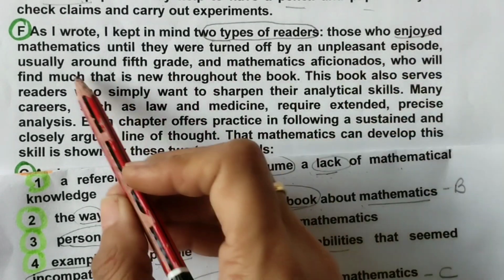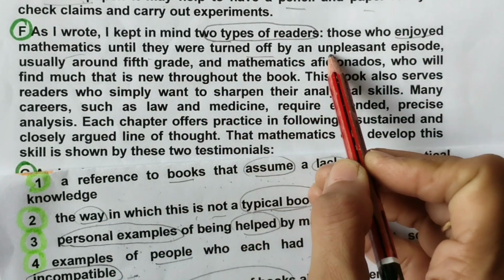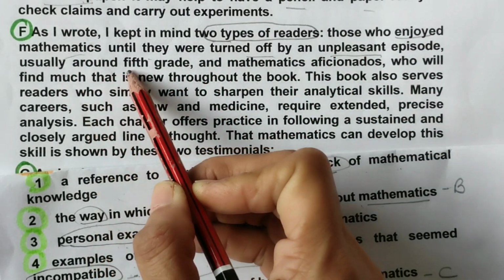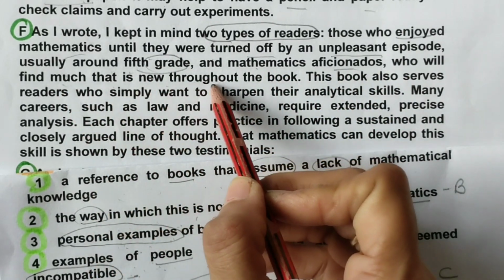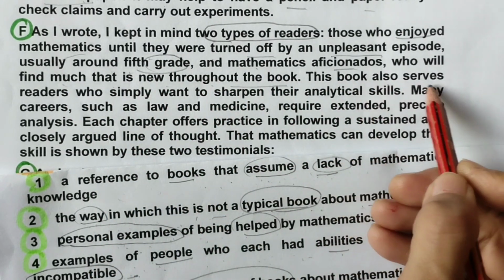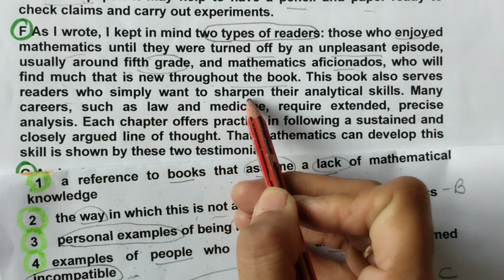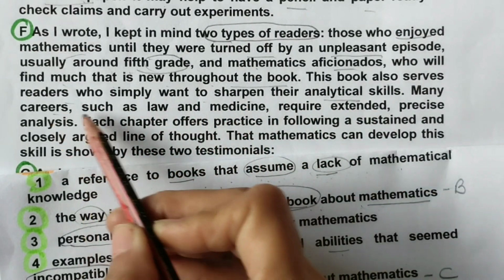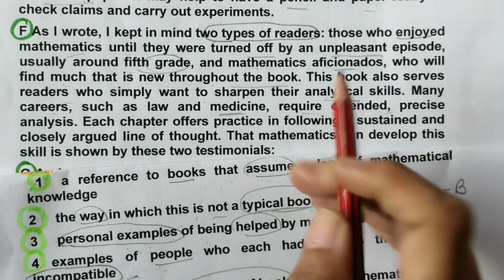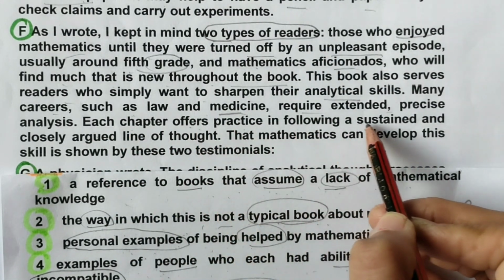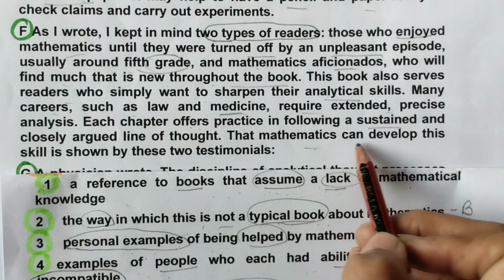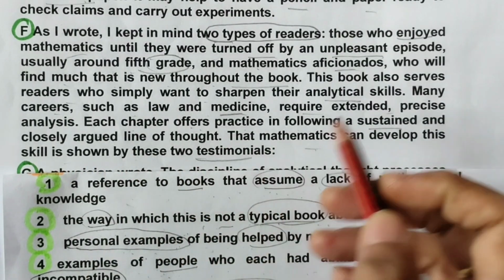Those who enjoyed mathematics until they were turned off by an unpleasant episode, usually around fifth grade. This book also serves readers who simply want to sharpen their analytical skills. Many careers such as law or medicine require extended, precise analysis. Each chapter offers practice in following this.